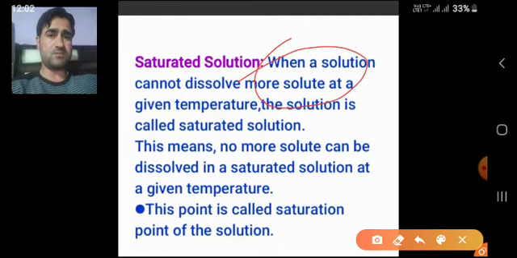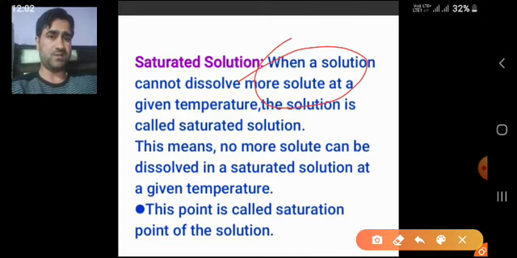However, we should remember that we can increase the solubility of a solution by increasing the temperature when it is a solute solvent solution where the solute is solid and the solvent is liquid. So generally saturation point of a solution can be altered by changing the temperature. So at a given temperature, how much solute is dissolved in a solvent depends upon the solubility of that solute at that temperature.